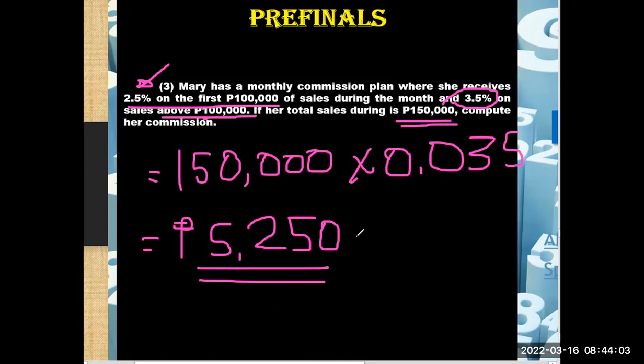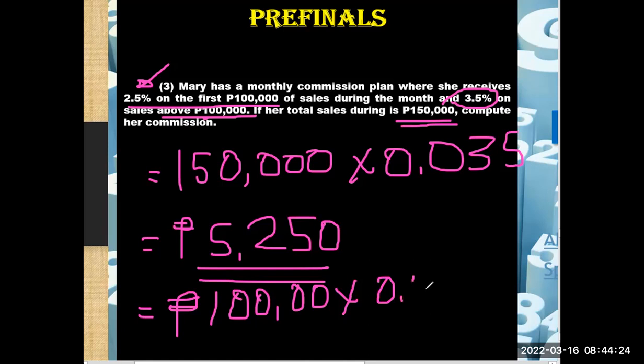As you can see, Mary has monthly commission plan where she receives 2.5%. Okay. And then 100,000 times 0.025 equals, so 100,000 times 0.025, it's 2,500.